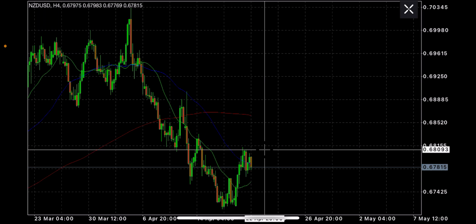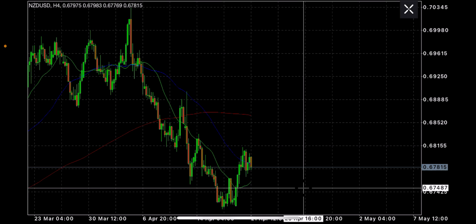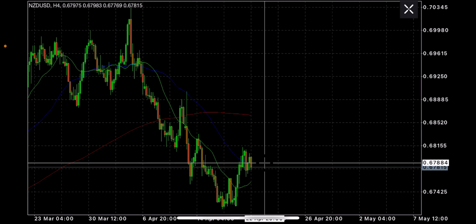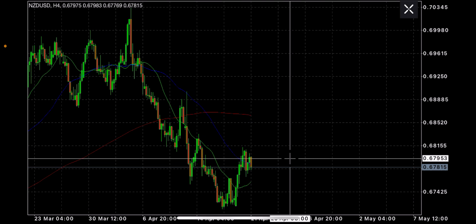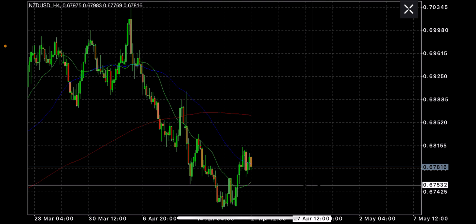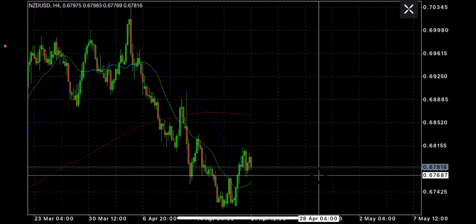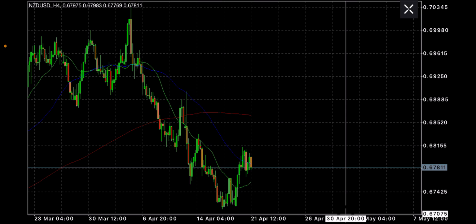So we could just continue to drop, or we could range out, have a push down, a pathetic push up, and then go down. Like I said, we could just drop, or we could range out from this area here and have an aggressive push down, a pathetic push up, and then continue to drop to the targeted price areas.